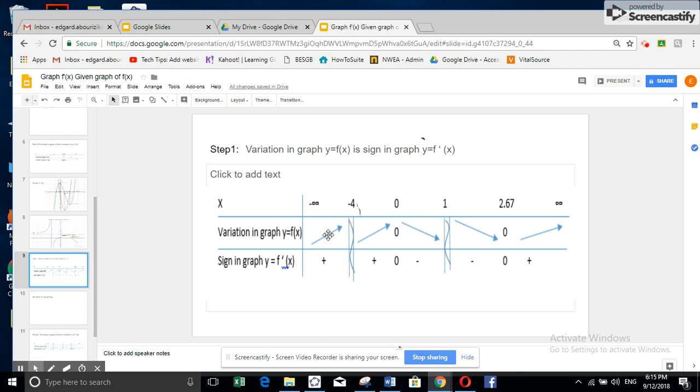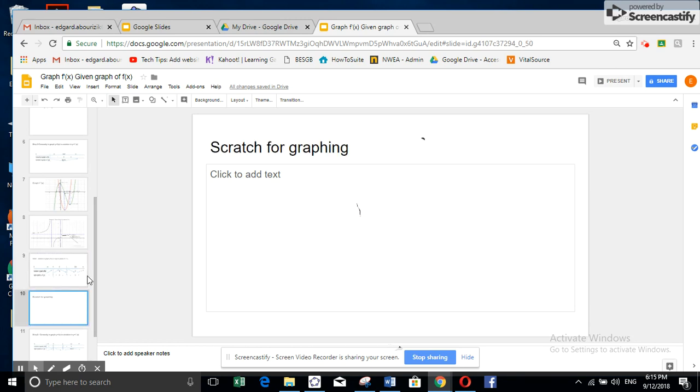It must be upward, then upward here between -4 and 0. Then downward between 0 and 1 because negative, then negative on that side, then you must have it positive. So if you want to sketch it, let me try to sketch it here.